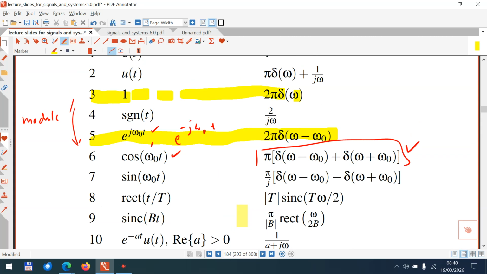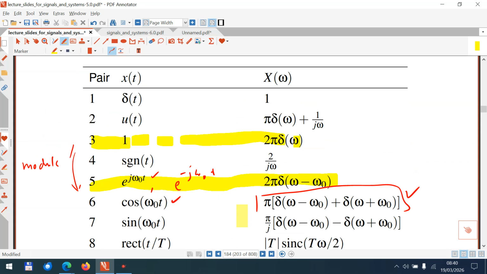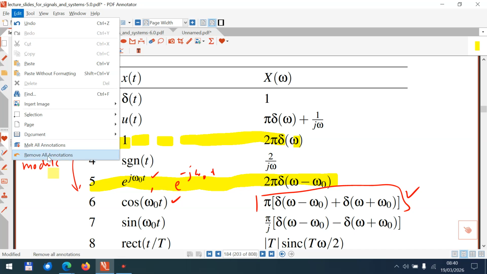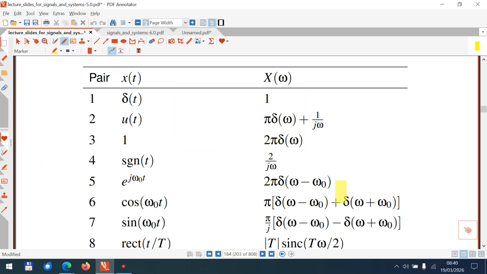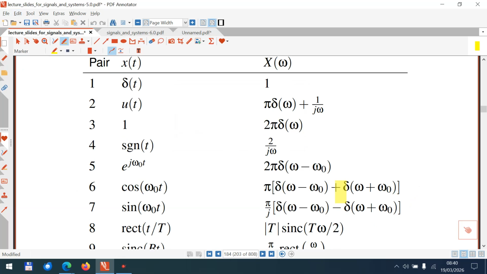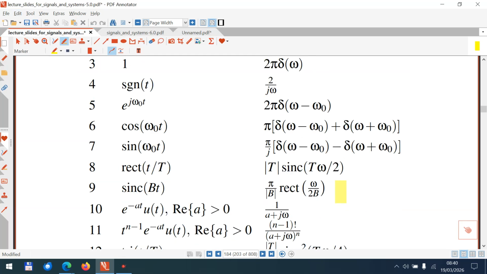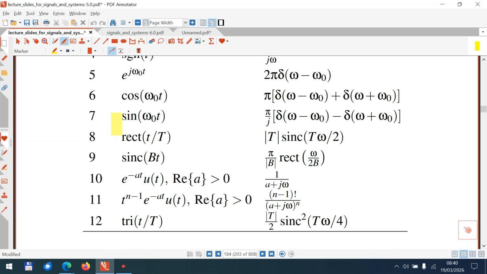Let's try to work these two out. I'm now removing certain things. So we need to work with this one.